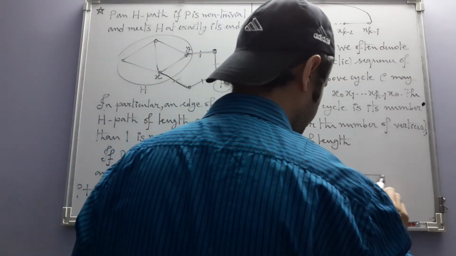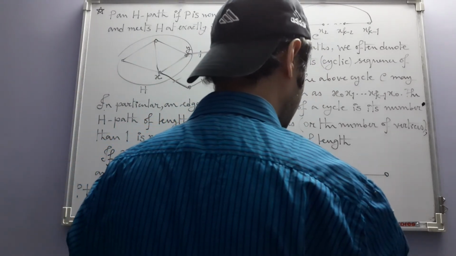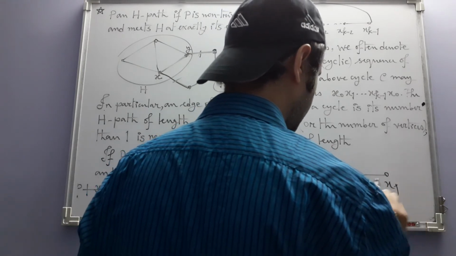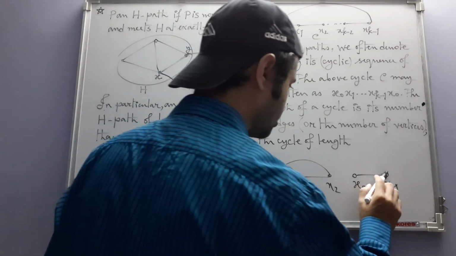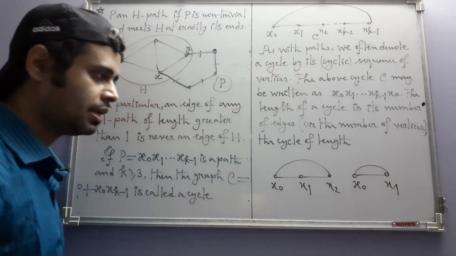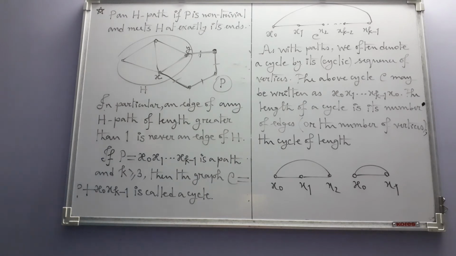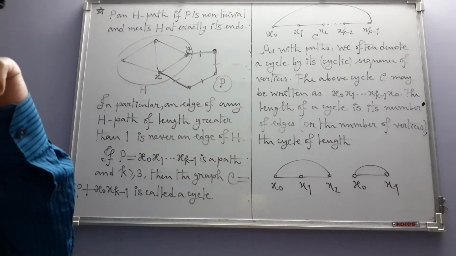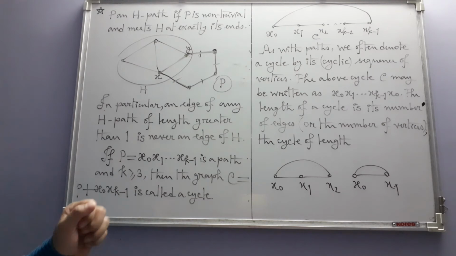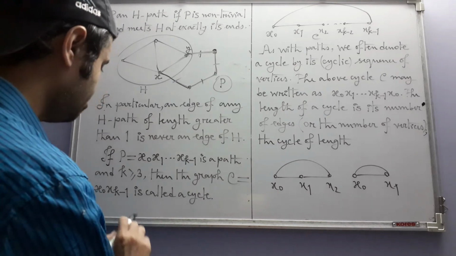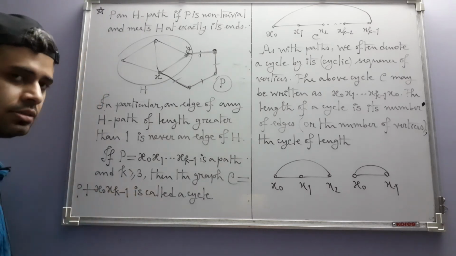However, if you just simply have, say, x0 and x1, then that will not give you a cycle, because you cannot join an edge. That will give you two different edges between x0 and x1. This is not allowed in the type of graphs we are considering. In our definition of a graph, multiple edges are not allowed. We will see those things. They are called multigraphs later on in the book. So that's why the minimum possible value of k here is 3.